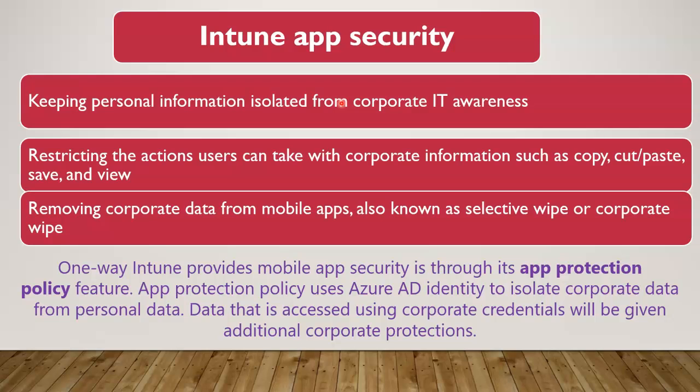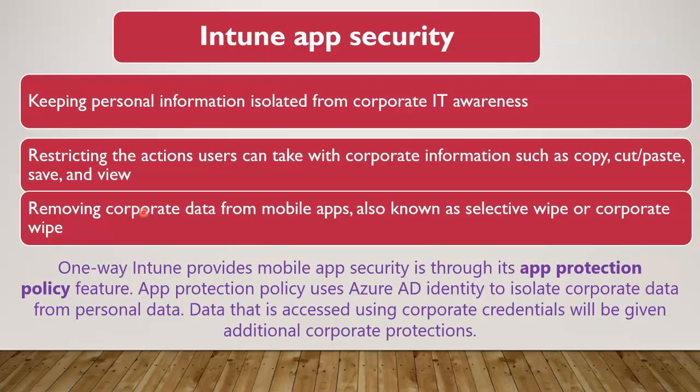You may think, hey, my personal information is exposed to my corporate data. Similarly, corporate admins may think, am I exposing my data to personal applications? In such a case, you can block it. These kinds of isolations can be done within app security or app protection, and you can restrict the actions users can take with corporate information, for example copy paste, saving, or viewing from your personal applications.